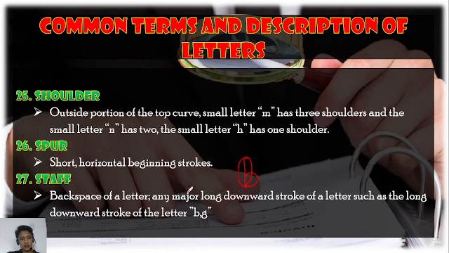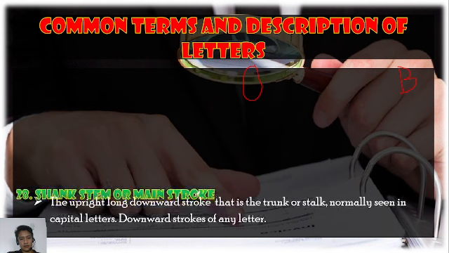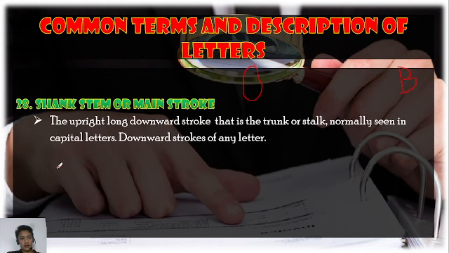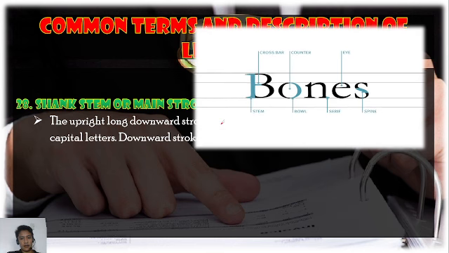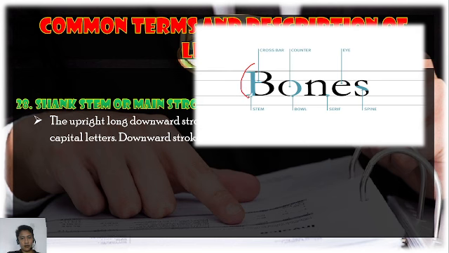As to big letters, pag sinabing shank or stem, then this is common on the big letters. So, katulad po ng letter B and letter D, the shank or main stroke of it is this one.